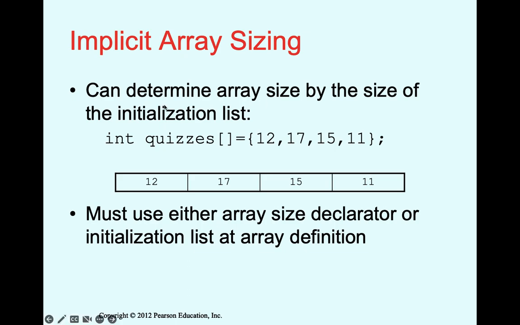Here also, if we did not mention how many elements we have in the array, and we have an initialization list, it will create an array of 4 elements. Okay, but if you want to define an array, either you write the number here, how many elements you have, or you just have an initialization list, and then the compiler will know how many elements you have in the array.